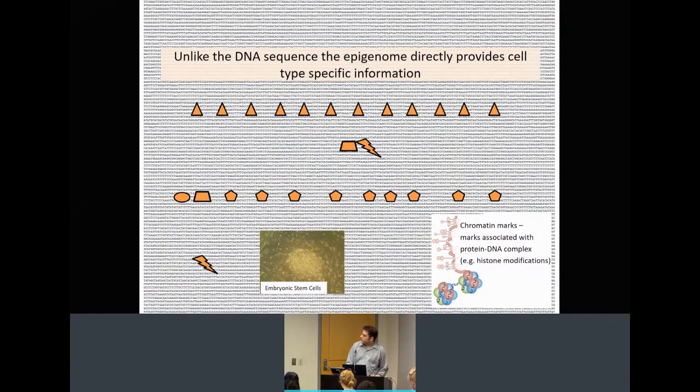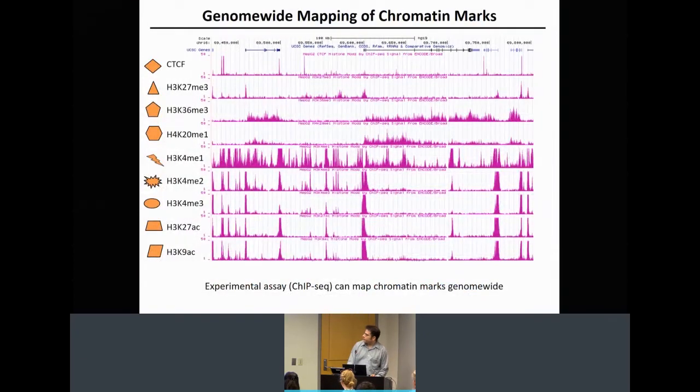So what brings a lot of the computational opportunities and challenges is the ability to map the genome-wide location of these different chromatin marks. There's an assay called ChIP-seq, chromatin immunoprecipitation followed by high-throughput sequencing, which can map across the genome where different chemical modifications are.